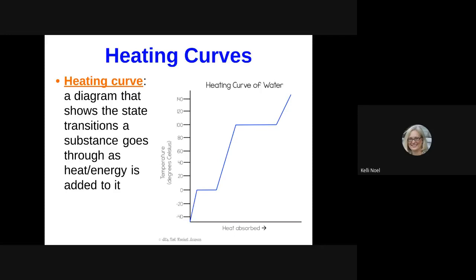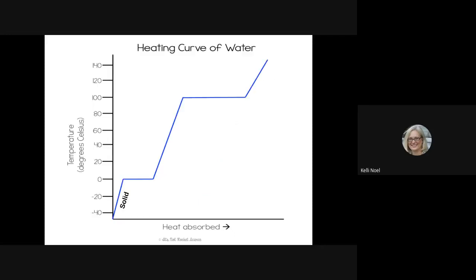All right, now we're going to label this chart. This is going to help you on an assignment as well. That first line, from the intersection up to 0, this is a solid. And this is on water, by the way. If this was another substance, it might be more above 0. Notice that melting is that flat line. We also can call that heat of fusion.